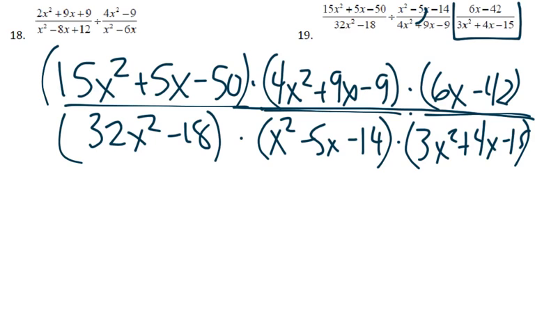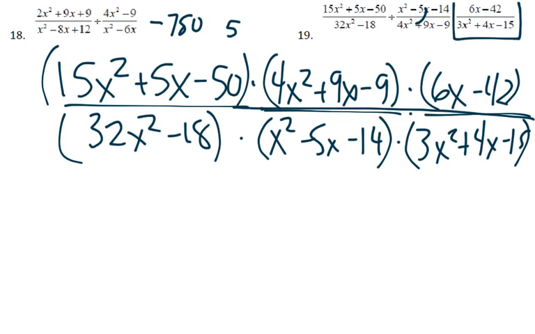Alright, so I need a calculator for this first one. 15 times negative 50 gives us negative 750. Factors of negative 750 that add up to 5. Negative 750 divided by 75 is 10, not close. 750 divided by 25 is 30.